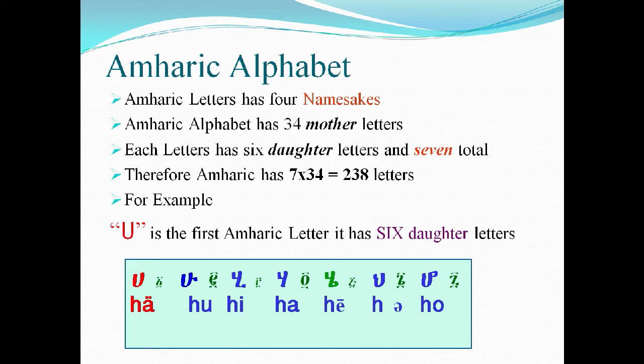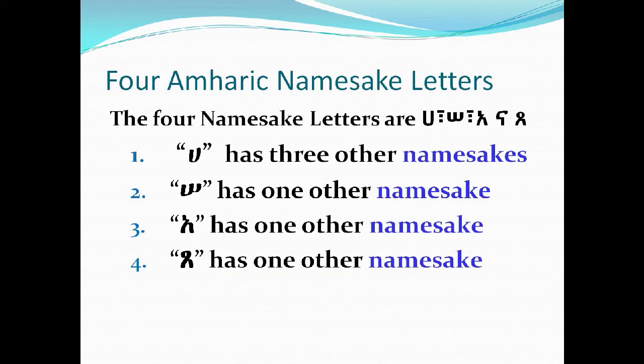Okay, let's go ahead. So Amharic has 4 namesake letters. The 4 namesake letters are Ha, Se, A, and Se. The first is Ha.